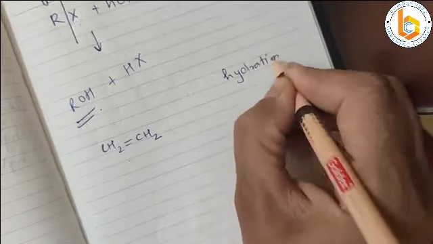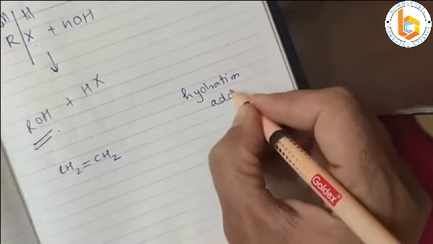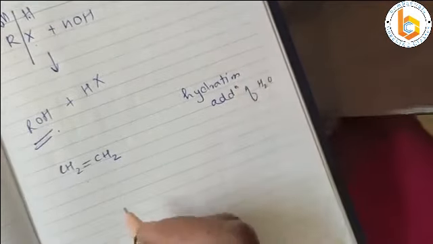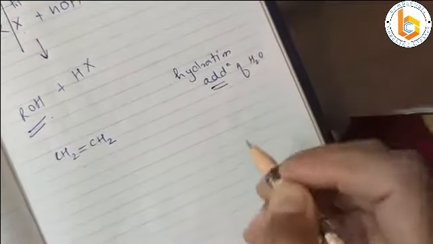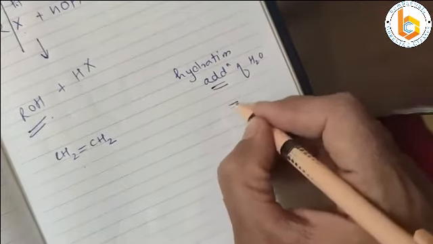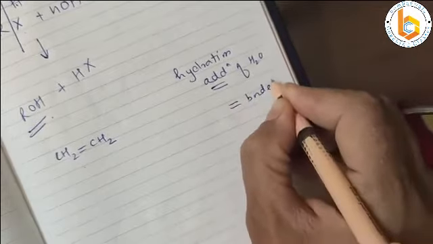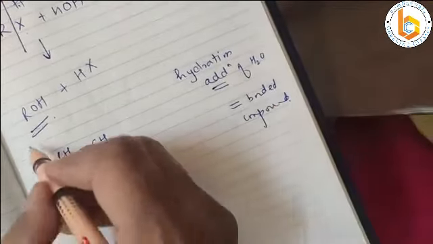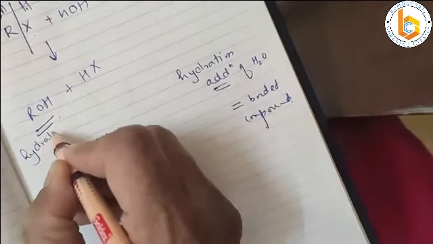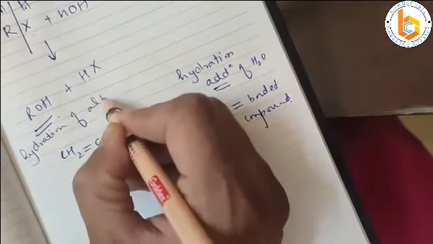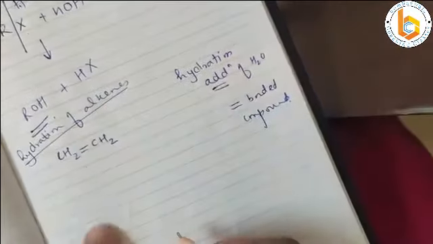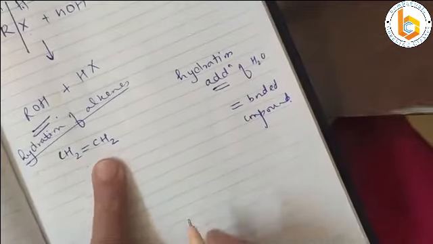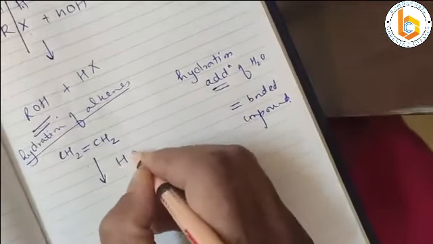It is addition of water. Okay? And generally addition reactions occurs across a double bonded compound. So we are going to study this reaction, which is hydration of alkenes. So CH2 double bond CH2 will undergo addition of water.